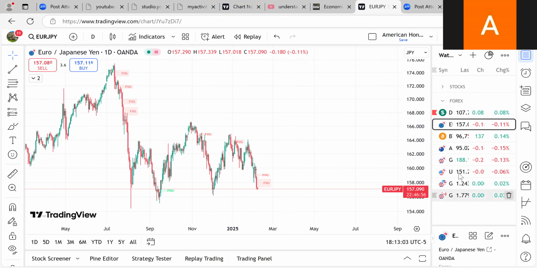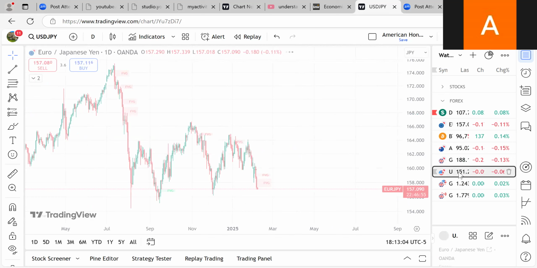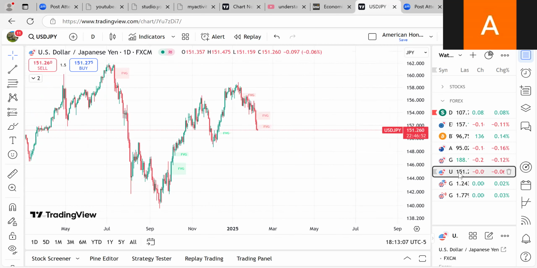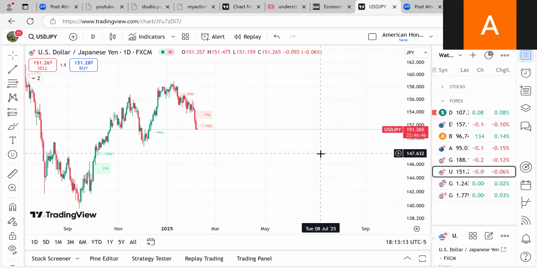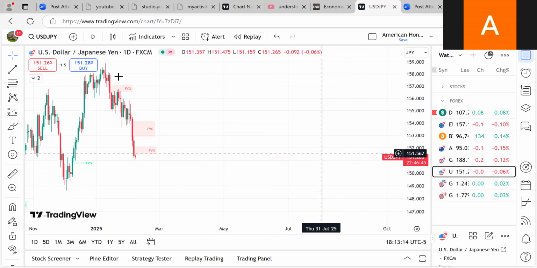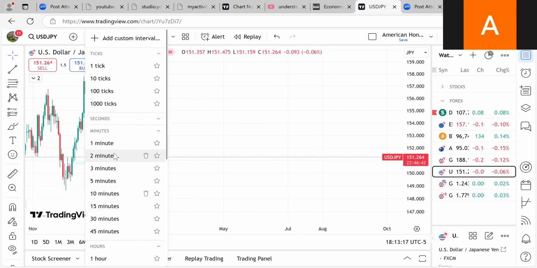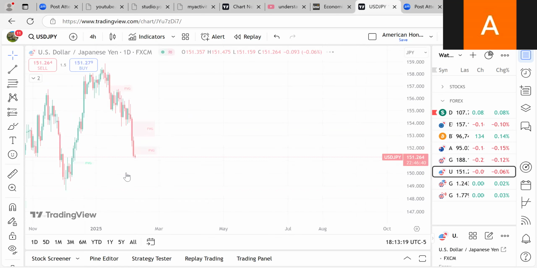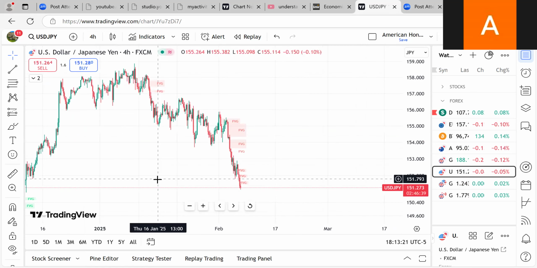So if you take a big lot size, you should take it according to what your account can carry. Because if you take a big lot size and it goes against you, it's usually not a good feeling.